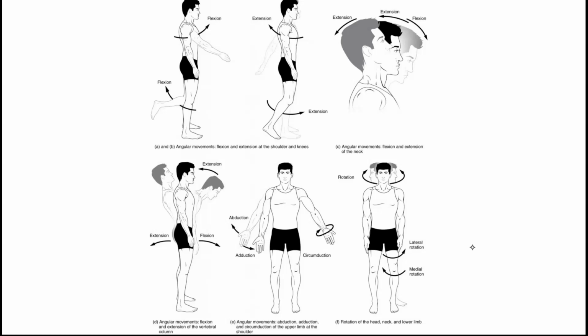Abduction, adduction. Abduction: if you abduct a child, you take it away from their home. So you're taking the arm or the leg away from the body, as opposed to adduction, where you're bringing it closer. Medial and lateral rotation. If you have a patient, especially with patella or femur fractures or hip issues, is the leg laterally rotated, where the foot is turned out, or medially rotated, where the foot is turned in?